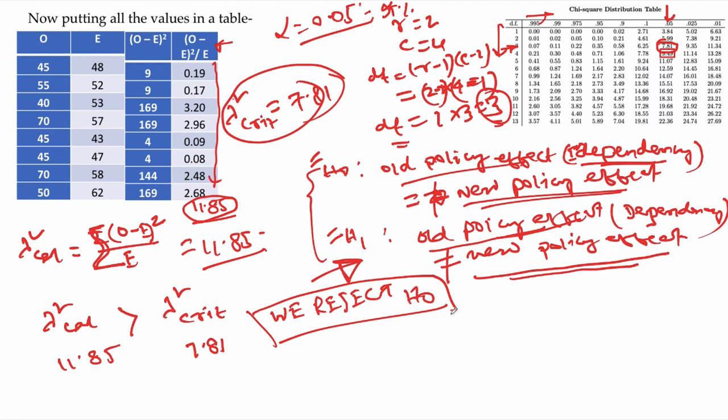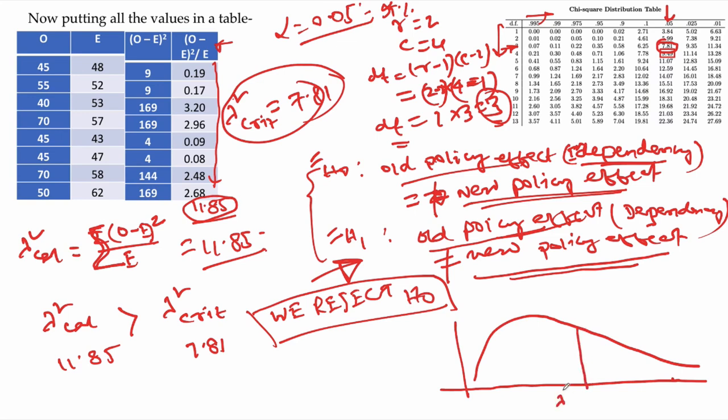But before I wind up, let me draw this critical value graphically. Let's say this is the data, and we are getting the chi-square critical value as 7.81, and the chi-square calculated is more than that, at 11.85. Clear?